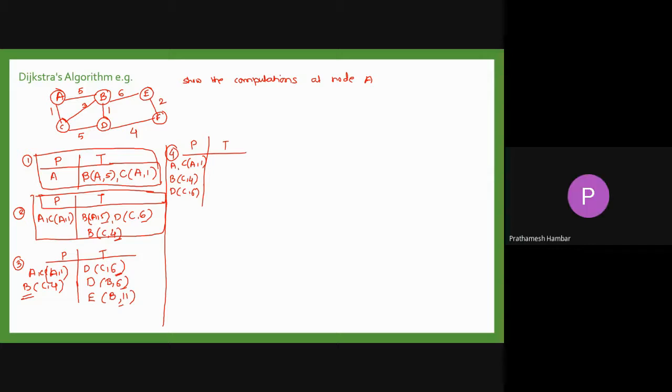Ma'am, that's D of B comma 5, not 6. एक minute. Through B, right? Through B to reach D, 5 plus 1, no? If we go from A, C, B, D, then it's 5.